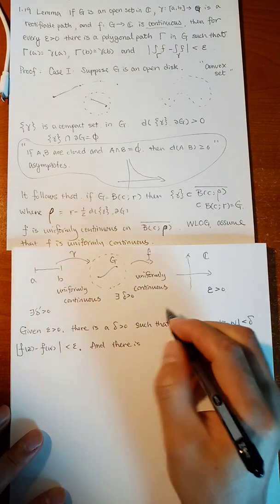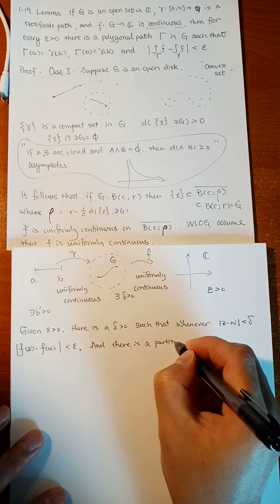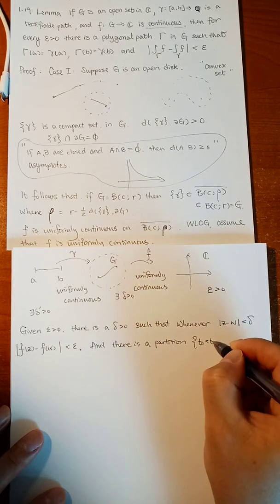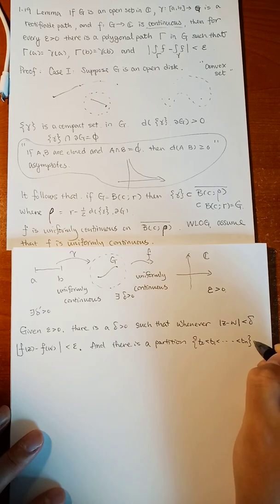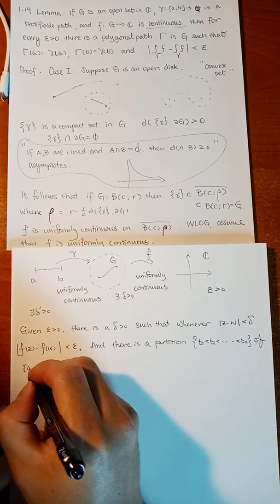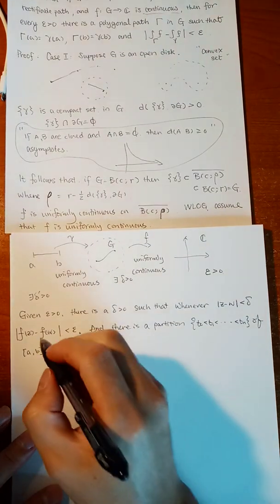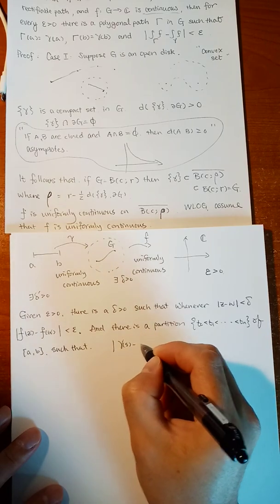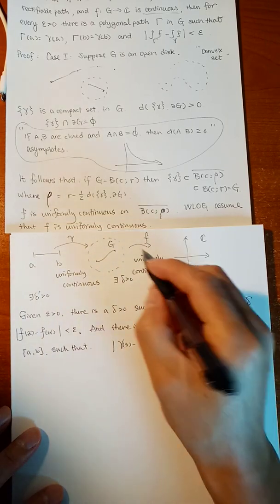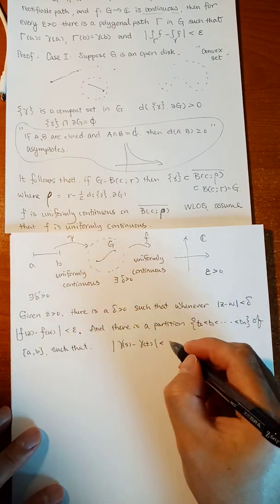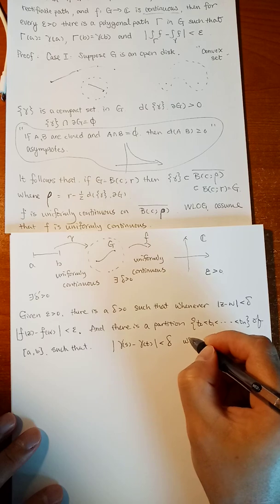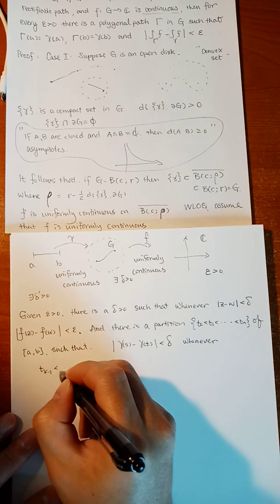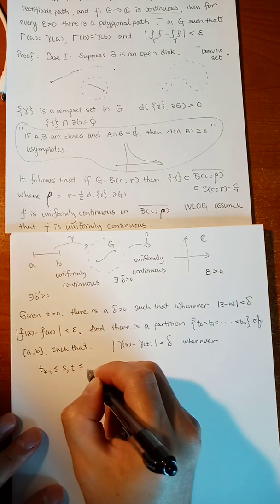there is a partition t0 less than t1 less than t2 less than ... tn of AB such that |gamma(s) minus gamma(t)| inside G will be less than delta whenever t_{k-1} is less than or equal to s, t less than or equal to t_k.